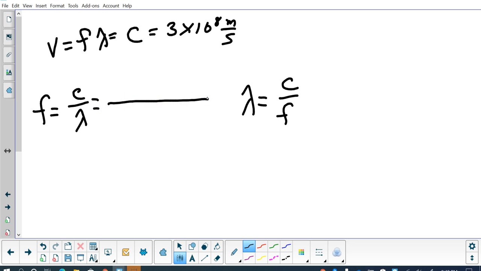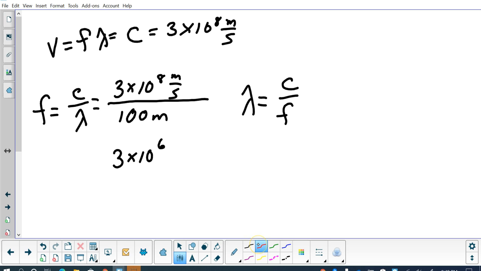So let's say that we wanted to find out what is the frequency of a wave that's 100 meters long. Well, if the wavelength is 100 meters and the speed of light is 3 times 10 to the 8th meters per second, you simply would take in your calculator 3 times 10 to the 8th, use that EE button on most calculators, 3 EE 8, and then divide by 100, and that would give you 3 million, or 3 times 10 to the 6th.